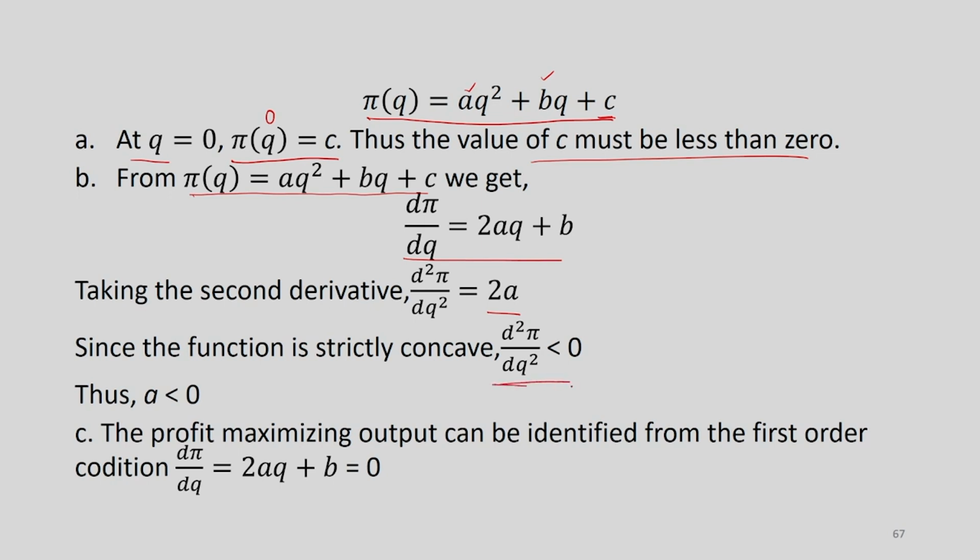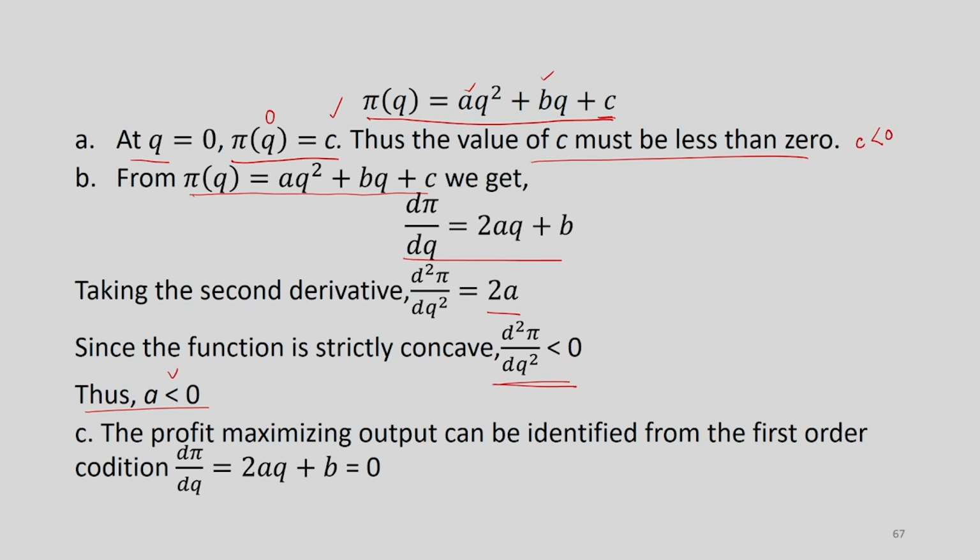So, that is the condition we have applied here. And so, 2a is less than 0, that simply means that a is less than 0. So, c is less than 0, a is less than 0. These are the 2 conditions we have got so far.